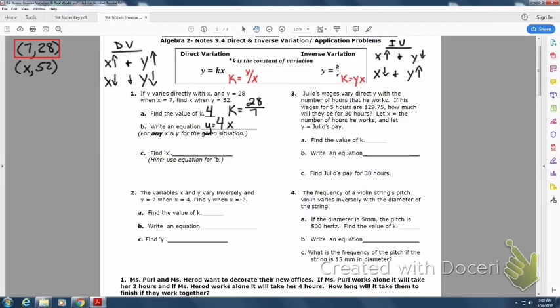That means I can give you any y value or any x value, and you can tell me the other that goes with that. Alright, so on this specific one, we've got y, which is 52. So I'll plug 52 in for y, and divide both sides by 4. X equals 13.